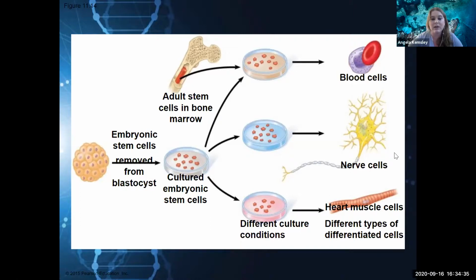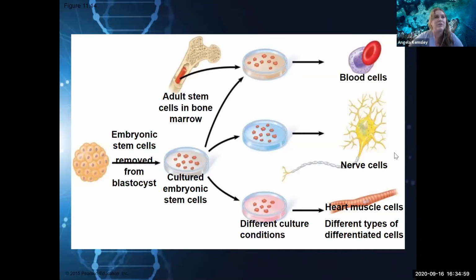And in therapeutic cloning, we're going to be stimulating those stem cells to produce something specific. So say somebody has a blood disorder, we would actually be able to take their own stem cells and stimulate them into blood cells. And this is important because we can do blood transfusions, but blood transfusions are not perfect. There's always the threat that your body's going to reject the donor blood.